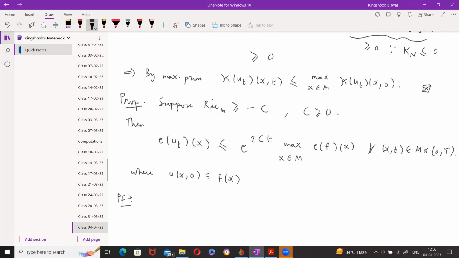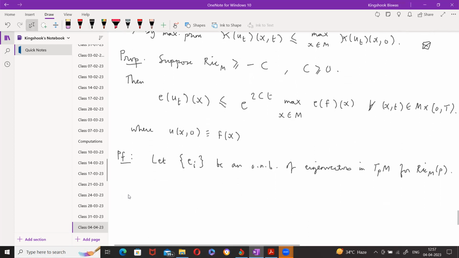So you let e_i be an orthonormal basis of eigenvectors in T_pM for the Ricci curvature. Okay. So Ricci of M at p.